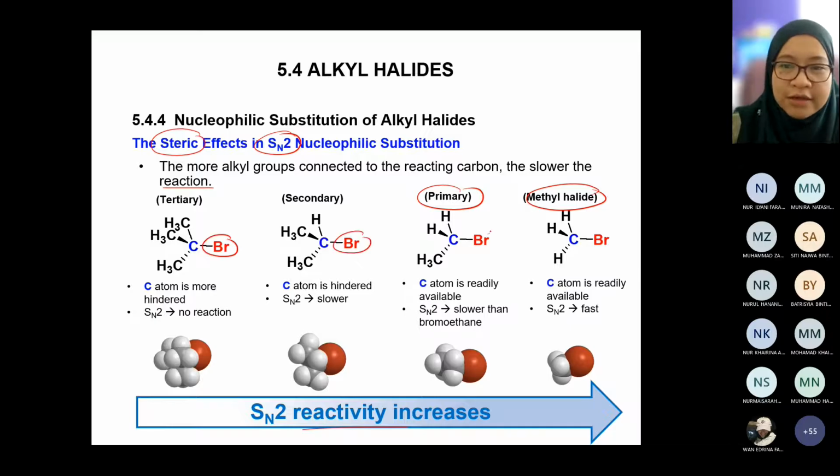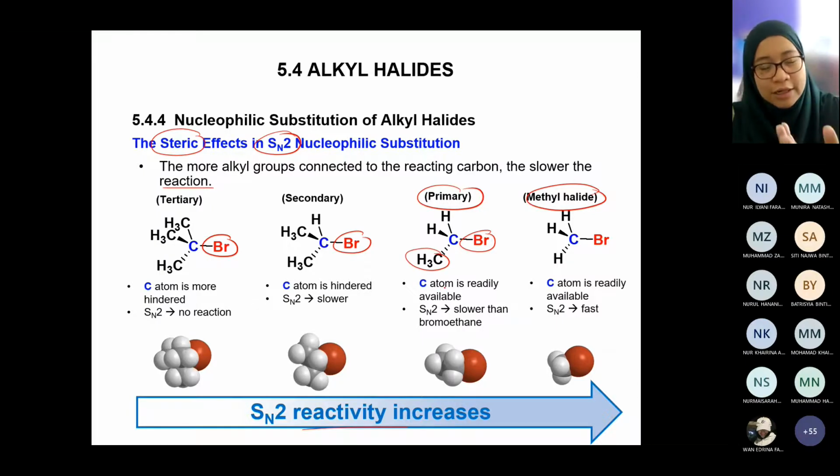Memang dia tak boleh attack dari depan sebab dia punya cloud of electron is very intense. So dia boleh attack daripada belakang. So kalau dia attack daripada belakang, kita kena make sure that dekat kawasan opposite side tu bukanlah orang-orang yang bulky. Because kalau group tu bulky, for example, kalau you ada CH3 kan.